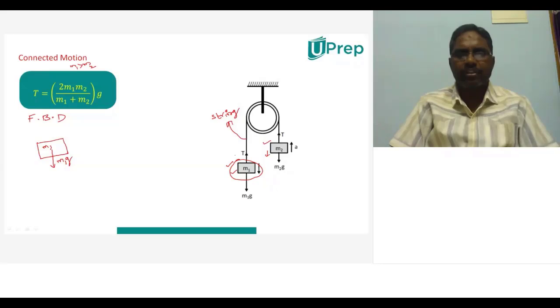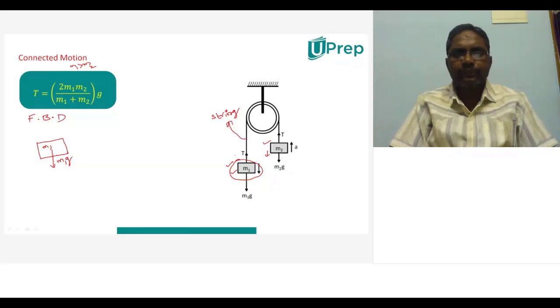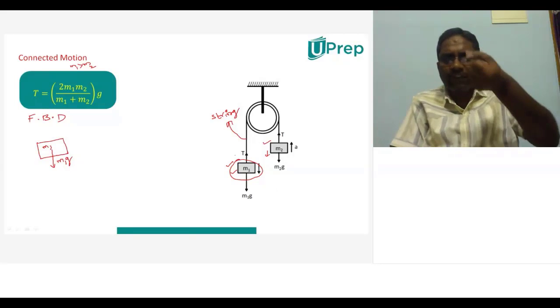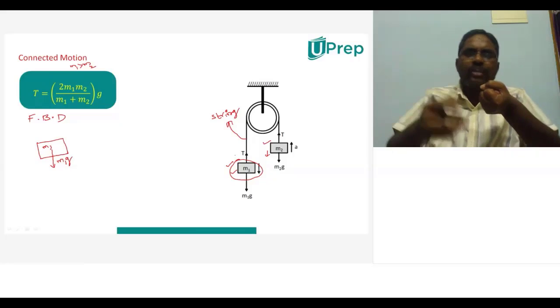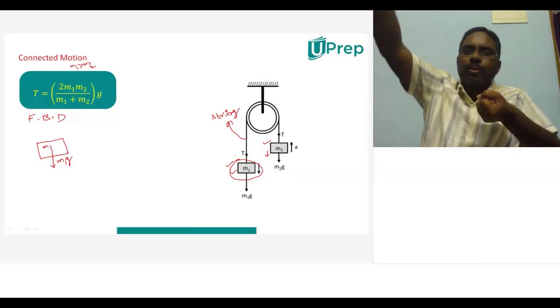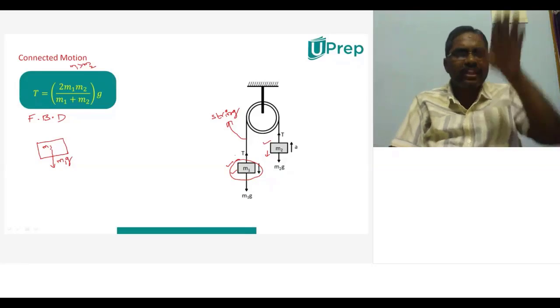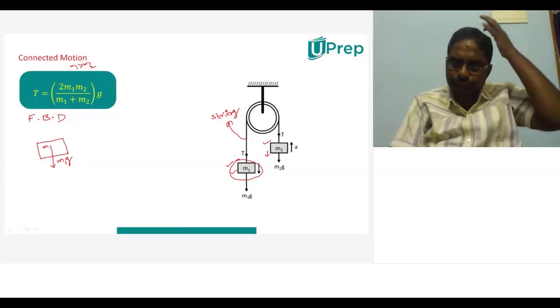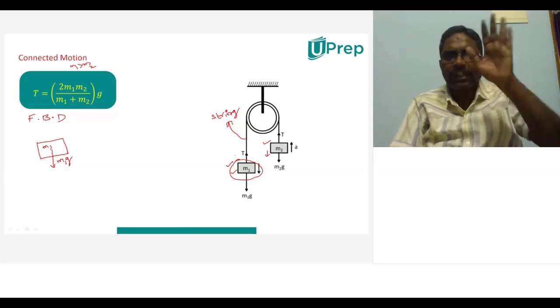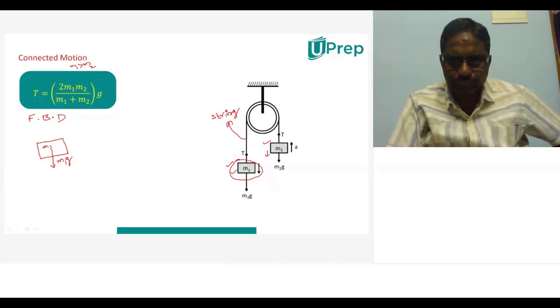Now what you do is you take a rope and you hold that rope at one end, and you ask your brother to hold that rope at the other end tightly. Then if you pluck it, it will vibrate or not?